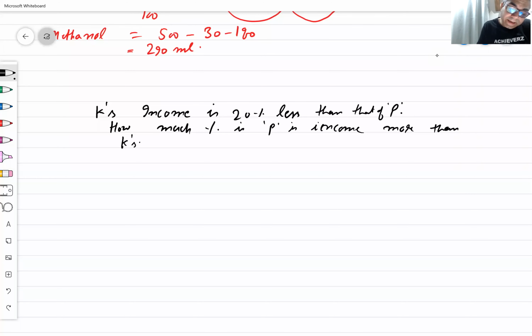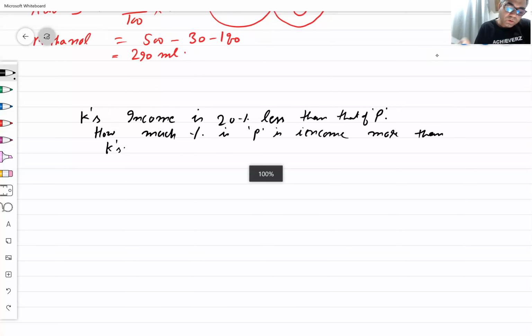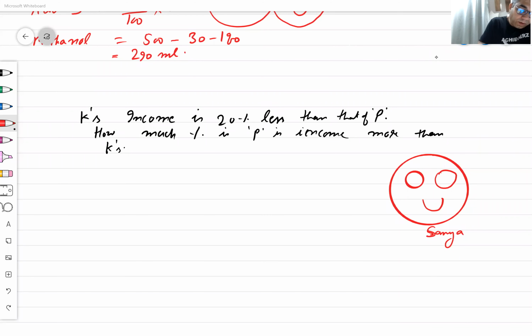The question is, K is some person whose income is 20% less than that of P. P is another person. Now you have to tell me how much percent P's income is more than K's. It is saying K's income is 20% less than that of P. So let P's income be rupees 100.